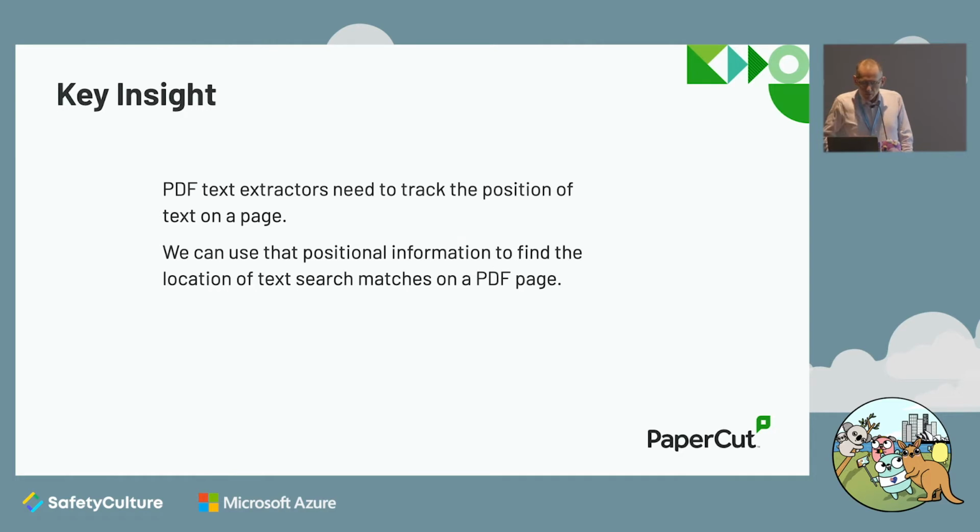Okay, well, once we know that, we then know how to write a full text PDF search engine, which I'll explain in the next few slides. And the key idea here is that we can use the position information of the text to go and do everything we need to do.